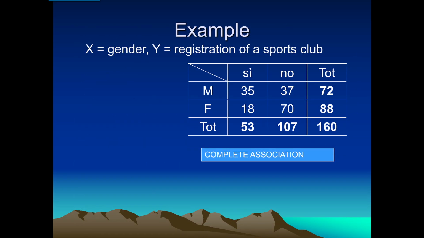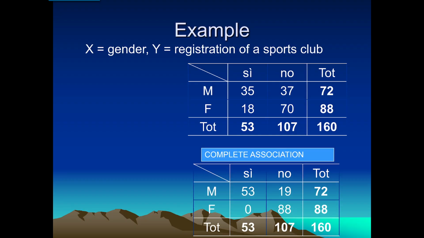Now, given that the marginals are fixed, what is the maximum value that this number can achieve? Tell me. 53. Oh, 53. It cannot be 72, because the total here is 53.